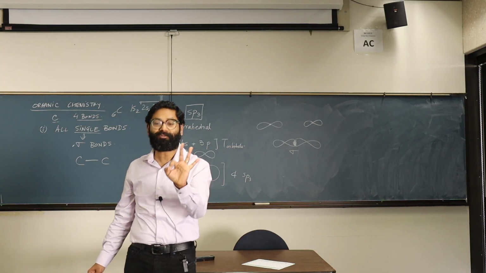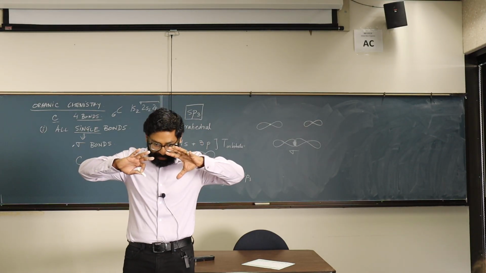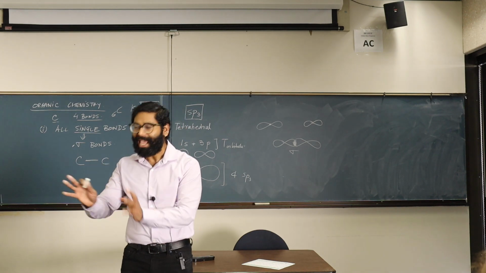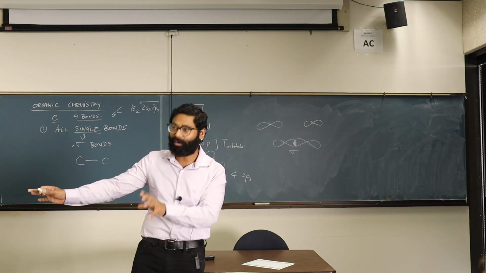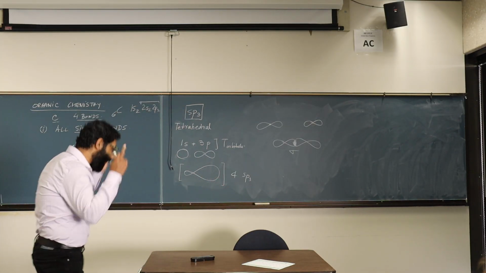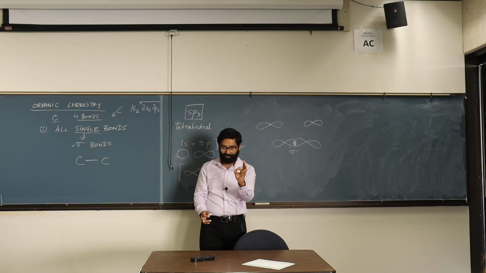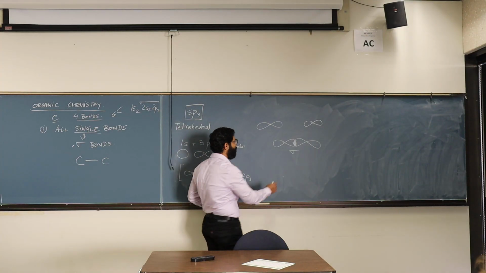So there are 3 types of p orbitals: px, py, and pz, in 3 orientations.